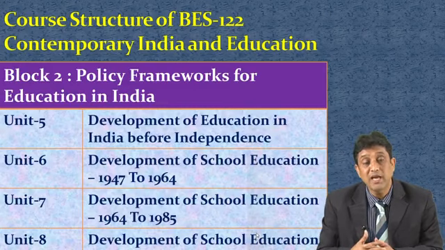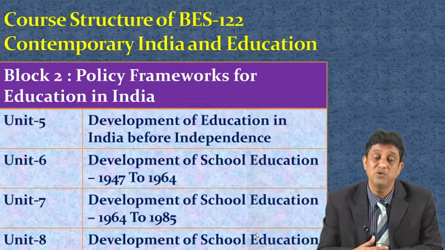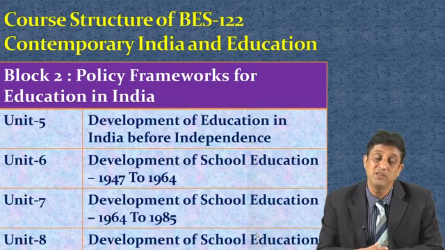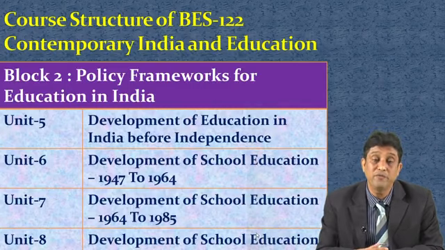That means the second National Policy on Education, NPE 1986, popularly known for the 10+2+3 system of education: 10 years of school education, 2 years of higher secondary, senior secondary education, and 3 years of college education. That was implemented 34 years ago, in 1986, and is also part of Unit 8.